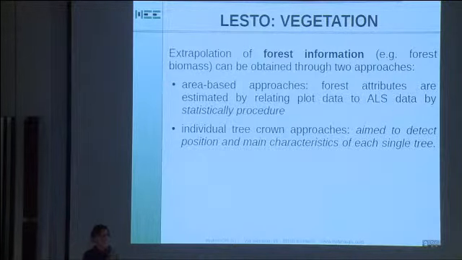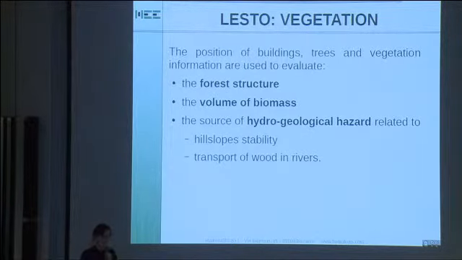The area-based approach gives statistical data on areas of forest, and the individual tree approach gives position and main characteristics of each single tree. We work mainly on this second approach because we need the position and the characteristics of the vegetation to analyze the forest structure, evaluate the volume of the biomass, and evaluate the source of hydrogeological hazard.